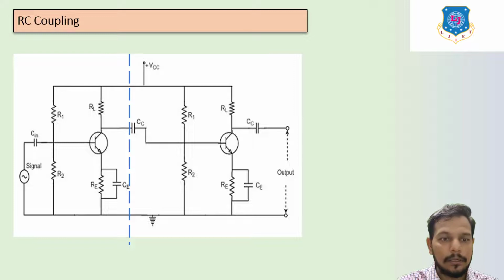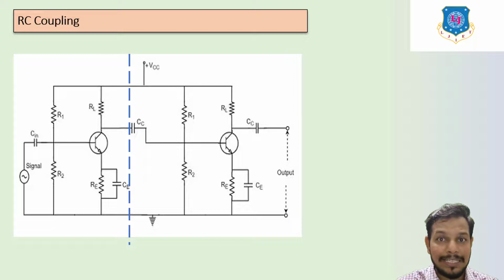We will get output across this load resistor, and it will be the input through that coupling capacitor. This is the reason we use a coupling capacitor between stage number 1 and stage number 2. Why? Because the coupling capacitor allows only the AC signal.